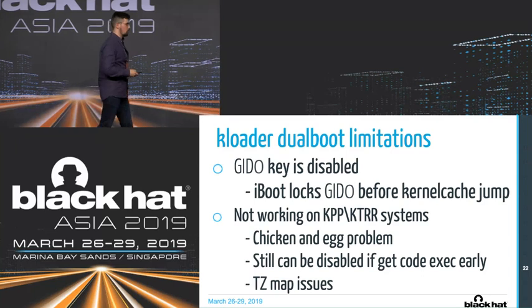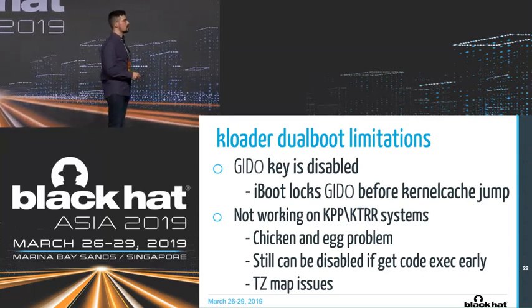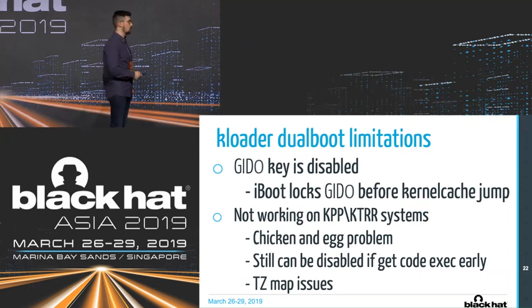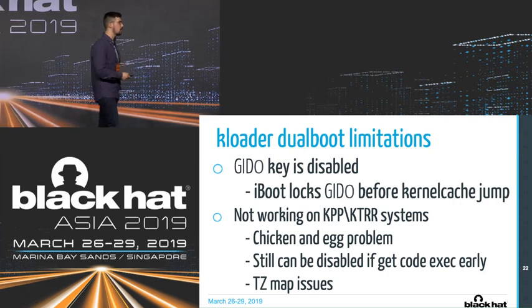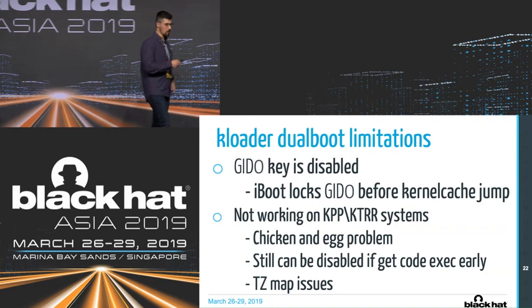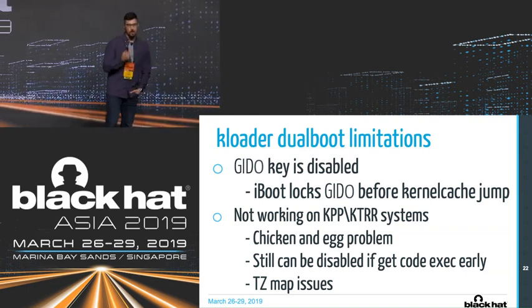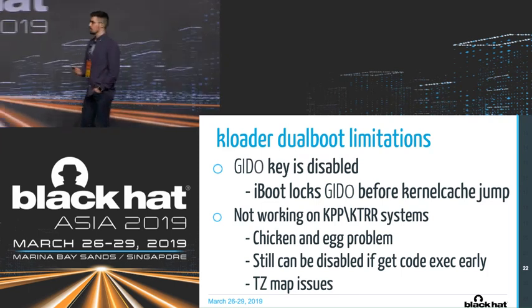It's a chicken and egg problem. There were a few ways to bypass it. The last successful one was by Luca Tedesca in the YALU 10 jailbreak. But still, even if we can disable KTRR, there are still some trust zone map issues. There is a trust zone memory overlap. So in other words, the DualBoot from kernel is not really working on the newer system.